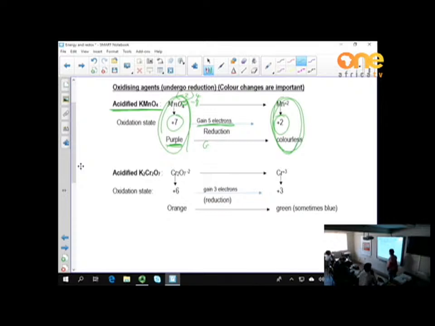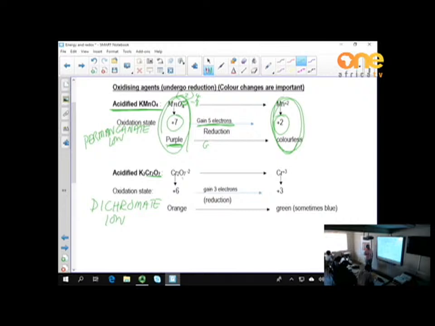The next one that we have to have a look at is the dichromate. This is the permanganate ion. Okay, permanganate ion. And this part, the Cr2O7 part there, is the dichromate ion. It's also just a polyatomic ion, one that you just don't work with all that much.